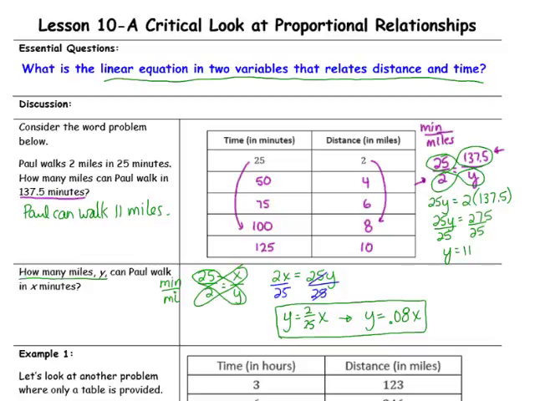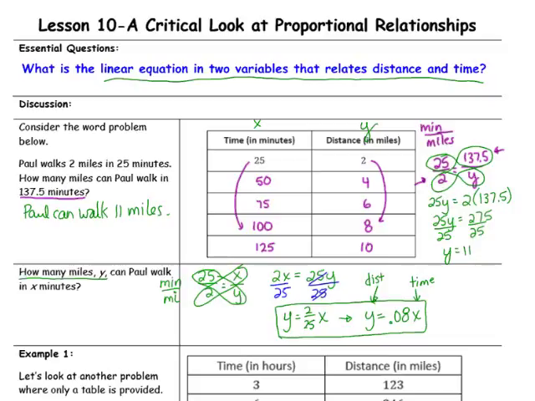This tells us how many miles Paul can walk in x minutes, where y represents the distance and x represents the time. Remember from our work in the 7th grade Module 1, Ratio and Proportion, how in our table, x represented the time in minutes and y represents the distance in miles.